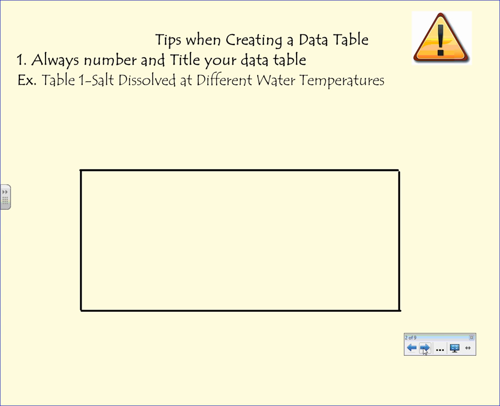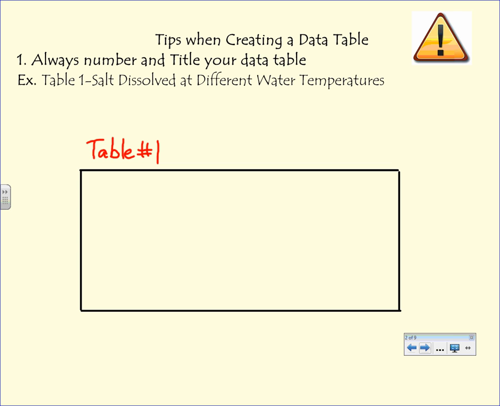Okay, first rules. Rule number 1, always number and title your data table. Literally, you're numbering it. Table number 1. The reason you do that is quite often in big experiments, you're going to have more than one data table.